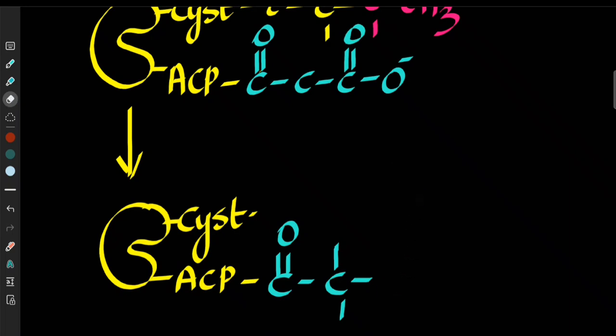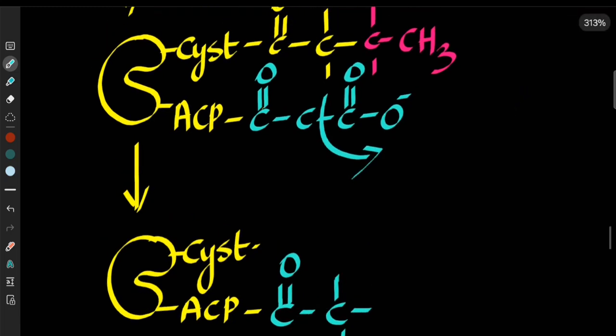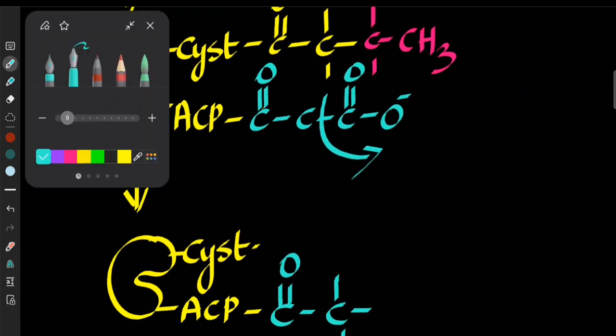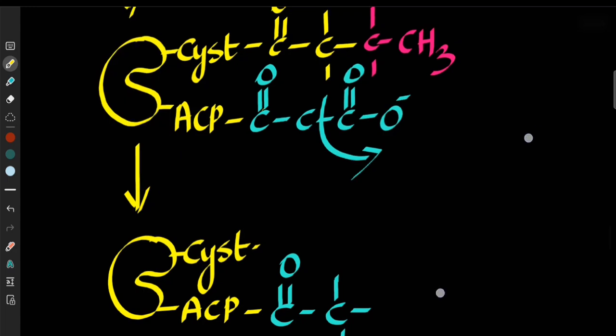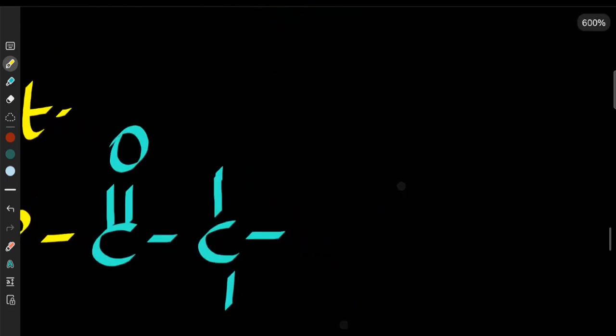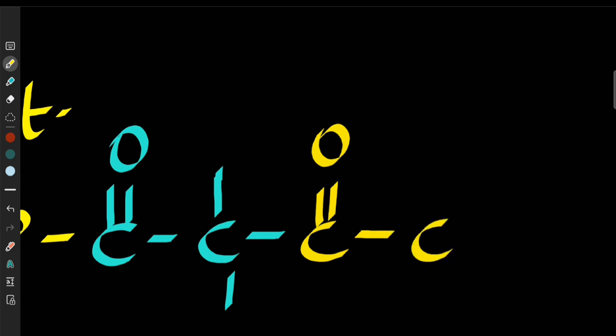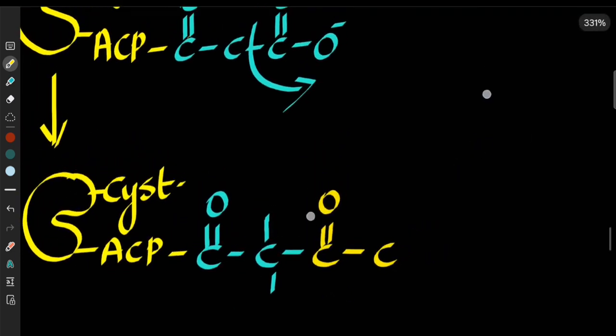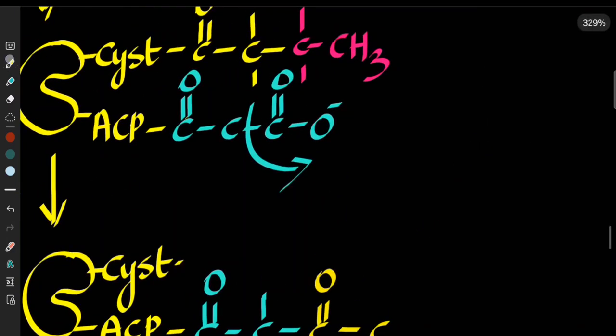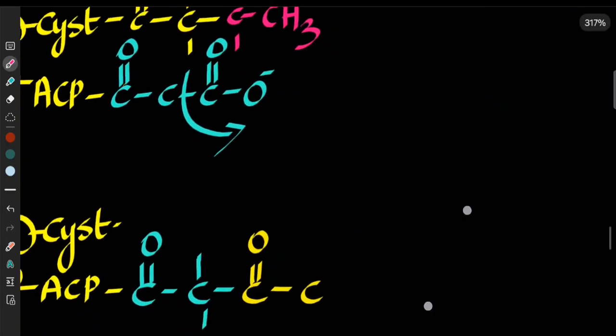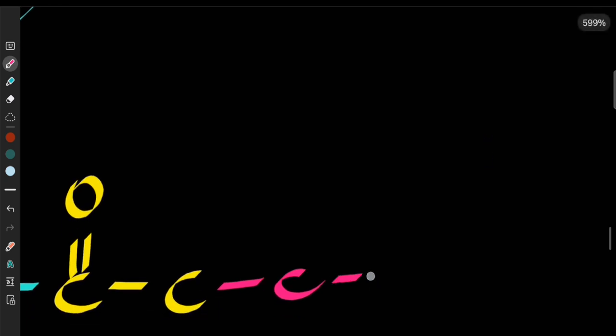Just let me show you. Now let me add this part. So it has the C double bond O, and then C, right? And then we have in the pink, and then we have CH3.